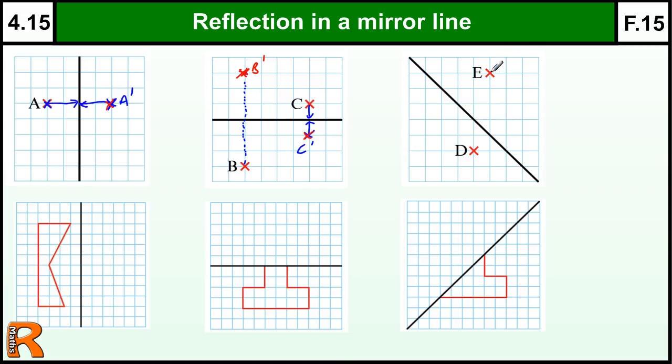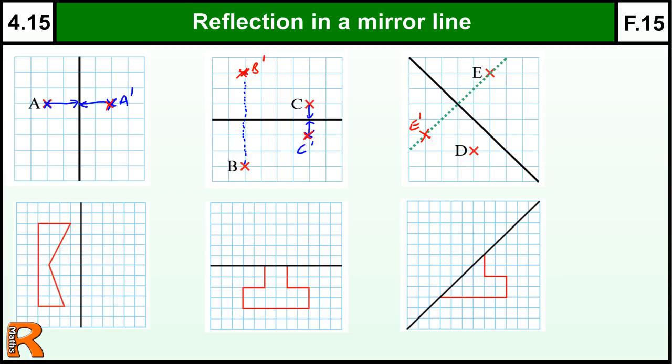So our point is along this diagonal away from the reflection line, and I've just drawn a diagonal line already, so I can use that to help me realize where the point's going. This is at right angles to that one, so it's going in the opposite diagonal, and it's going across 1, 2 diagonals, so the mirror image needs to be 1, 2 diagonals away on this side, so that's going to be our E dashed.